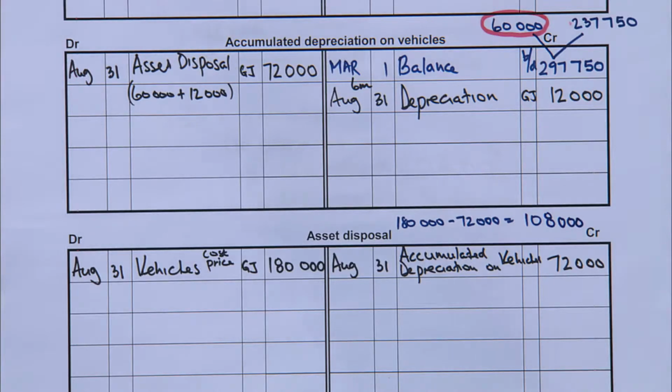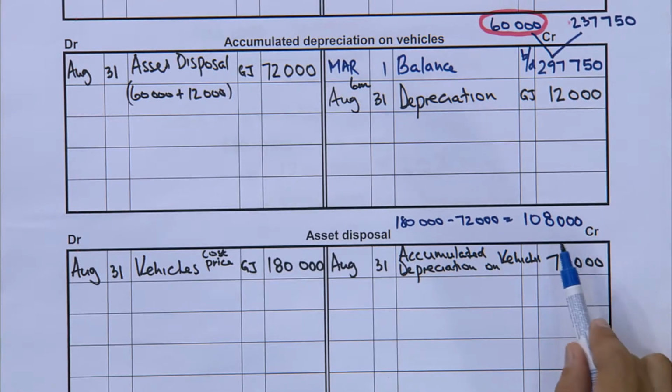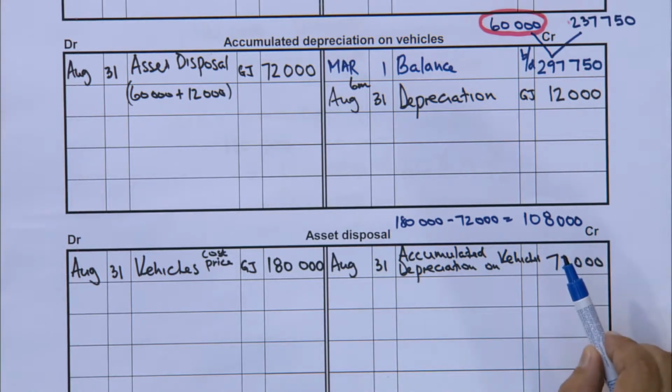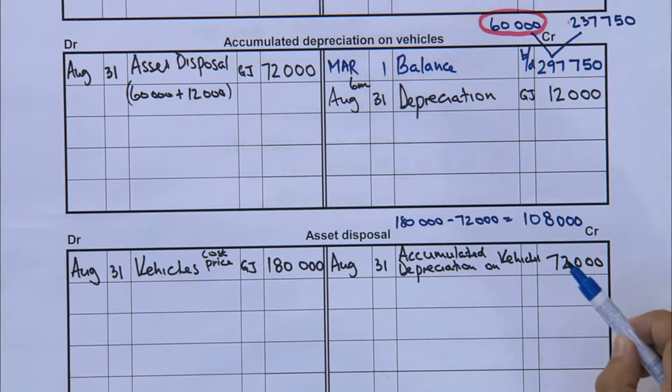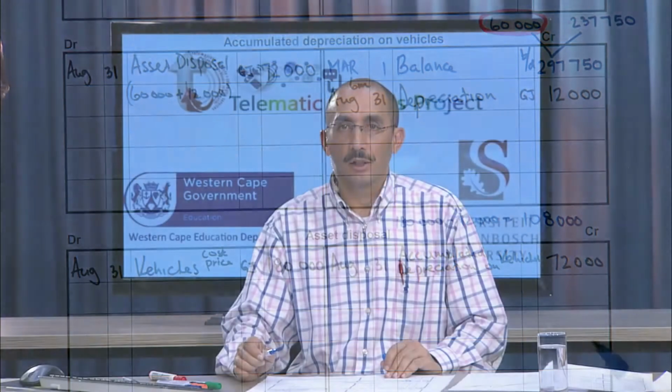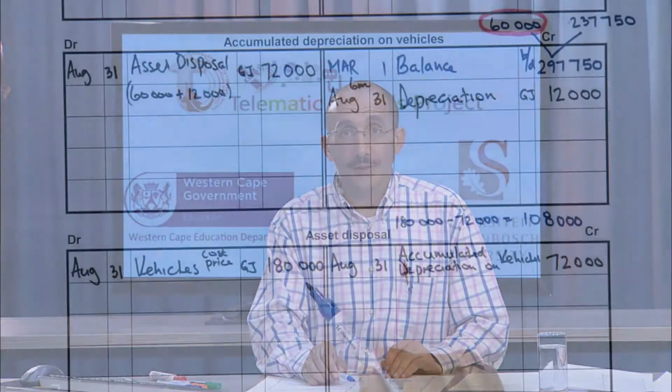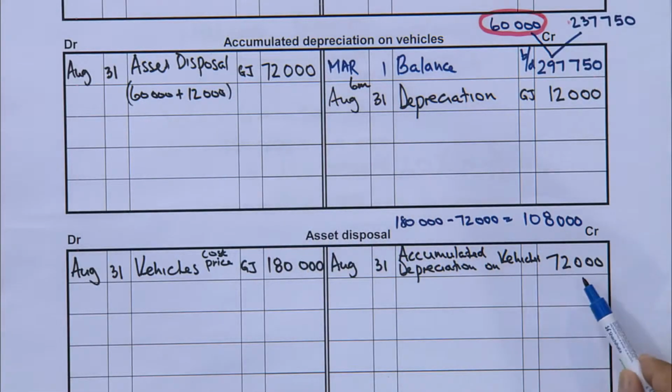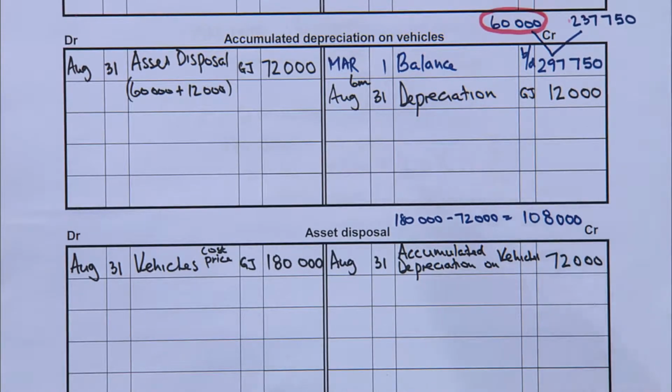In other words, that vehicle that I bought for 180,000 is now worth 108,000. If I'm selling it for more than 108,000, I'll be making a profit. If I'm selling it for less than 108,000, I will be incurring a loss. Just again, 180,000 is the cost price, minus the accumulated of 72,000, gives me 108,000. That is the book value or the carrying value of the vehicle that we are selling. If I'm selling it for more than 108,000, I'm making a profit, and if I'm selling it for less than 108,000, I will be incurring a loss.